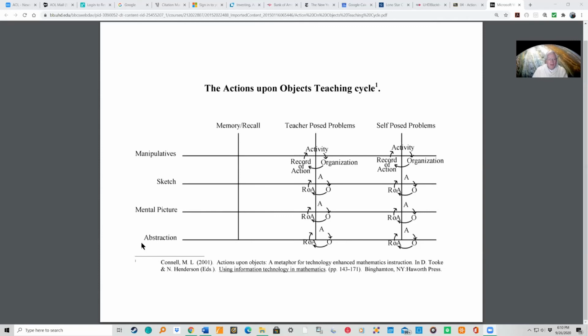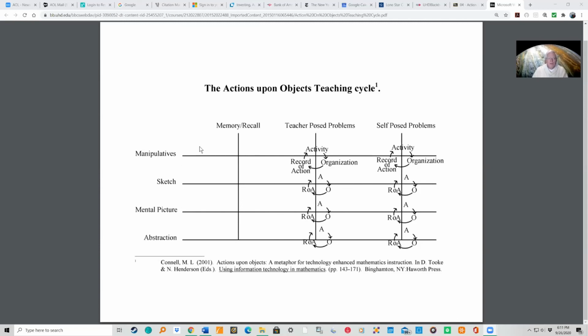If I were teaching secondary and college, I would add abstraction. But for our bailiwick, we're going to be sticking with manipulatives, and this is generally early childhood through 3rd or 4th grade, and sketching, which is 4th grade through 6th grade, provided the sketch draws from the manipulative. And we'll discuss this in greater detail later.